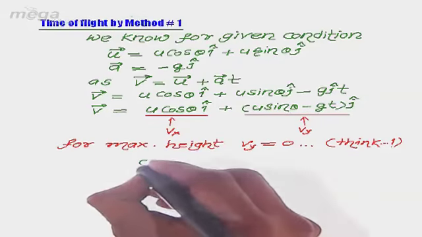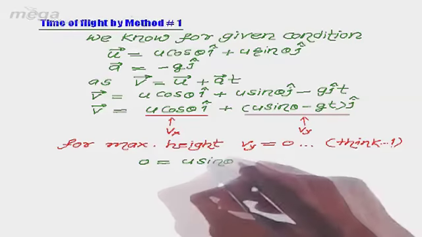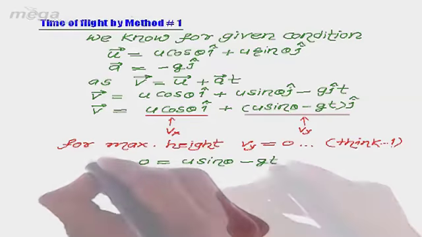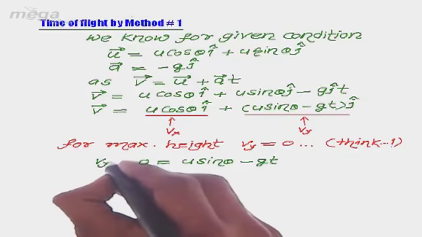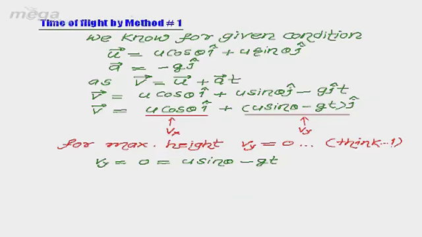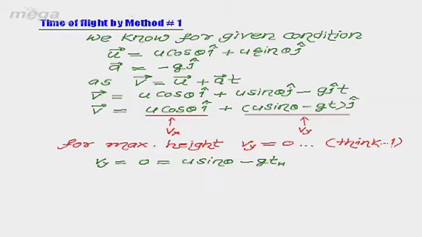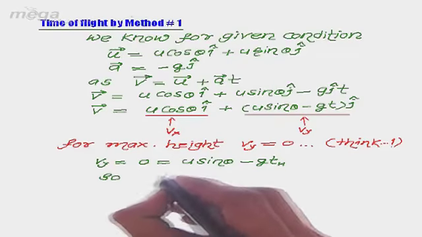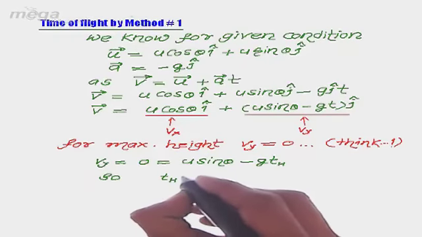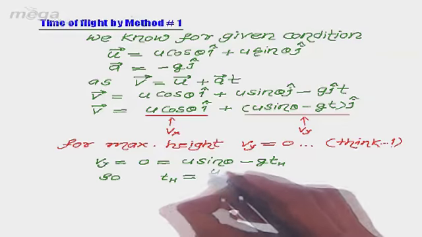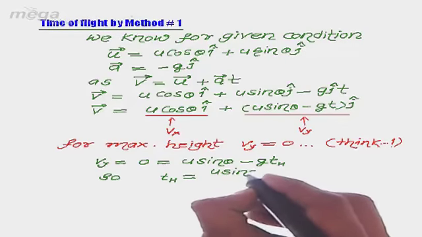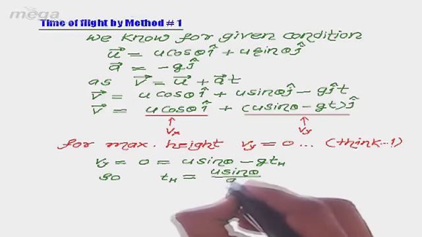We can write u sin theta minus gt, basically the y component of velocity, to be equal to 0. Here t can be taken as t_h, the time taken to reach the maximum height. So we get the time taken to achieve maximum height equal to u sin theta divided by g.